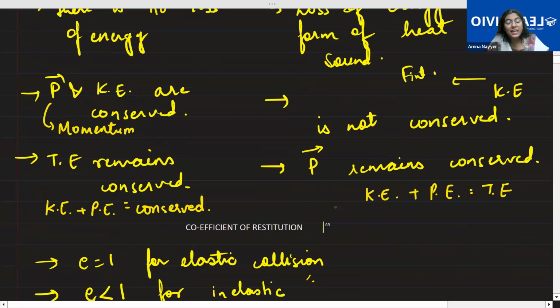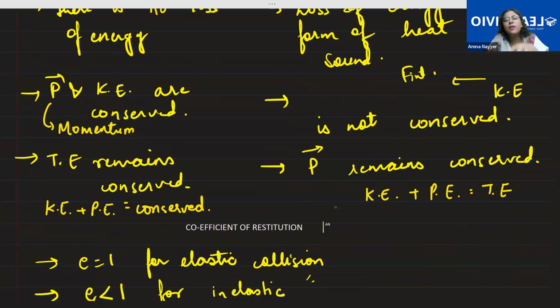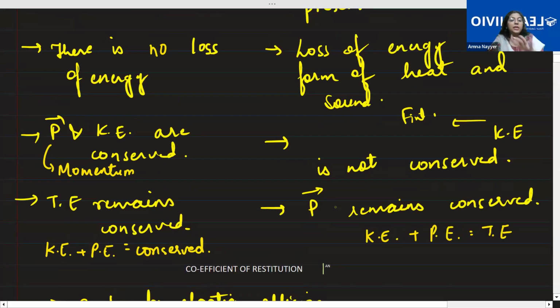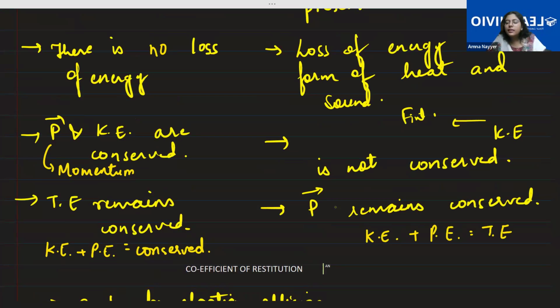But since kinetic energy isn't conserved in inelastic, how can mechanical energy be conserved? So it isn't. Loss of kinetic energy is the major point that differentiates between the two. Since kinetic energy is different, mechanical energy is also different, but momentum remains conserved in both. That is one major difference about loss of energy.